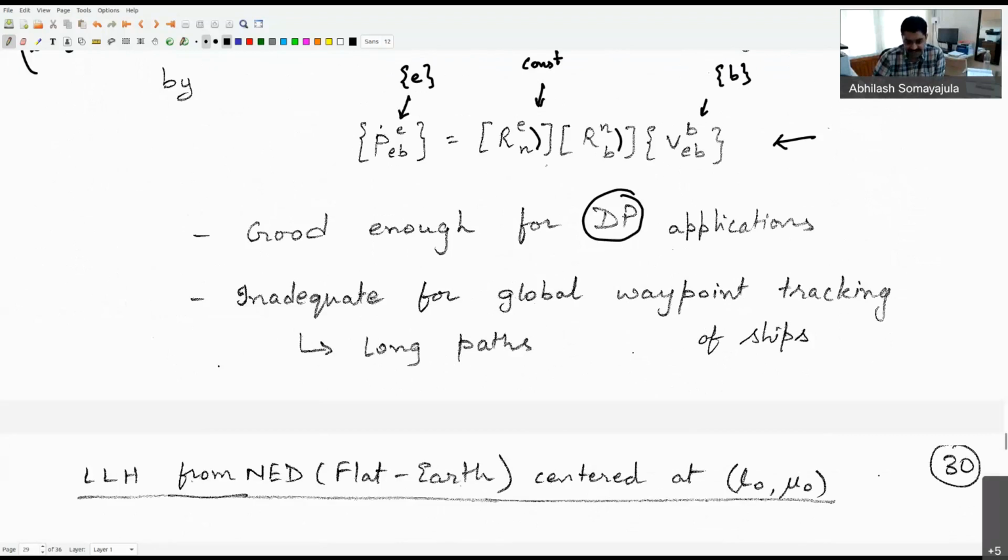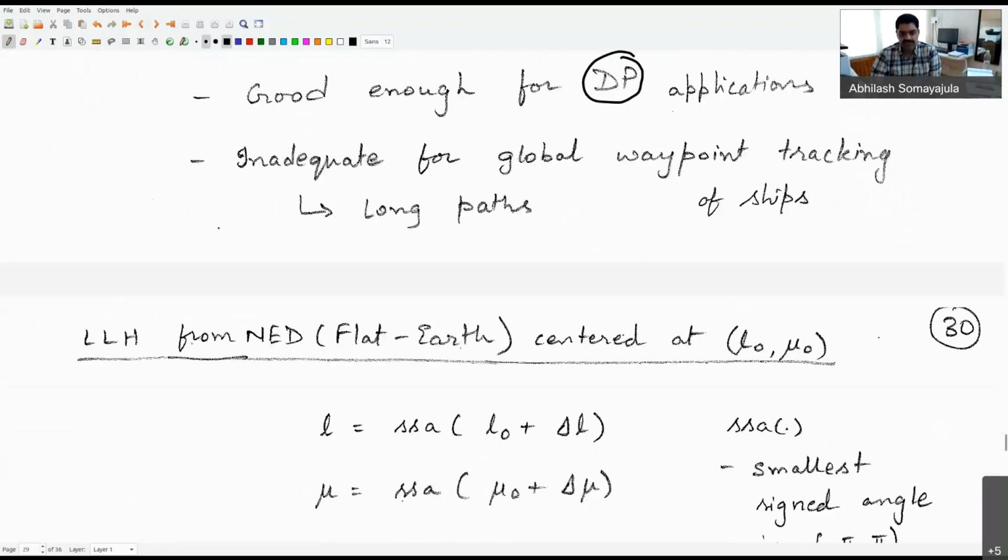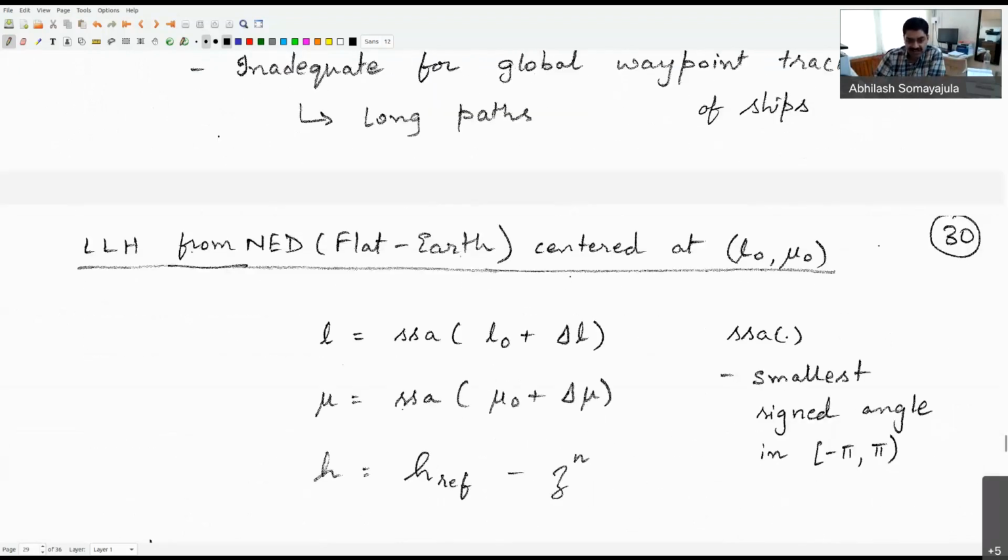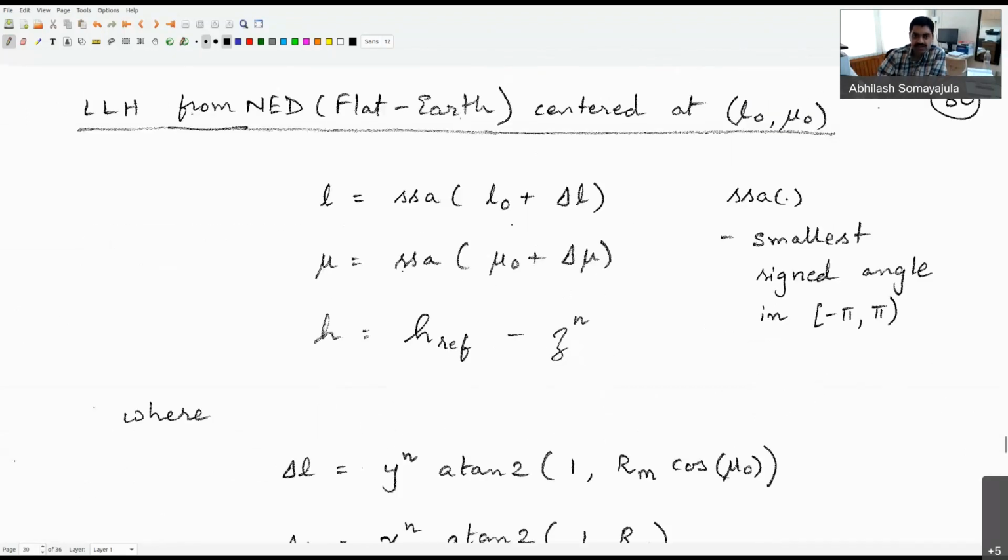When we have that situation, given a latitude, longitude, and a height, we should be able to compute the value of xn, yn, and zn. That is what we are interested in. Here you can see that when I know delta L, I can define L as L0, the reference longitude, plus the change in longitude.